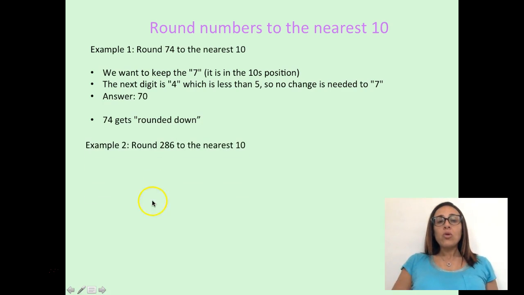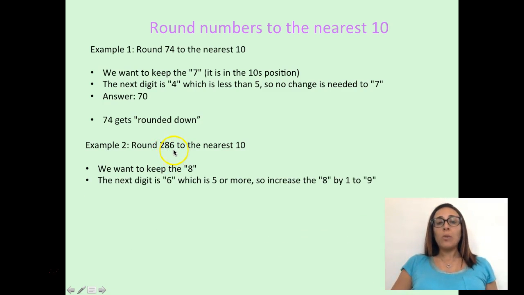Example 2. Round 286 to the nearest 10. We want to keep the digit 8 because it is in the tens place value. We now need to look at the number next to it, which is 6. It is greater than 5, so we need to increase the 8 by 1 to make 9.